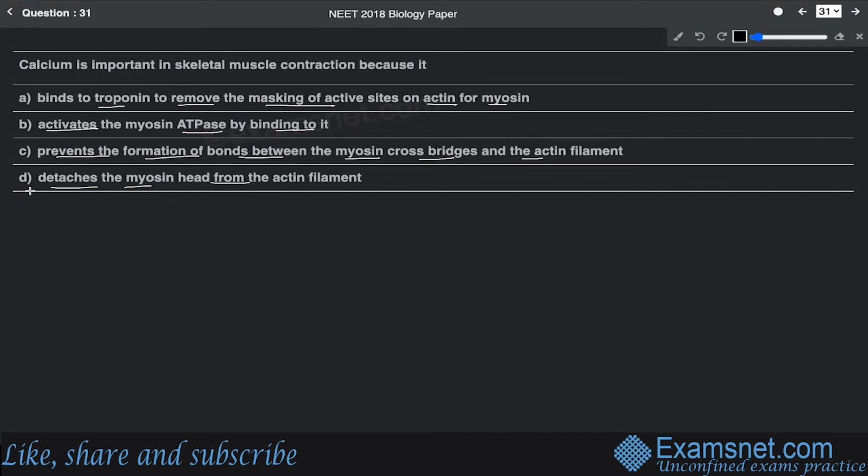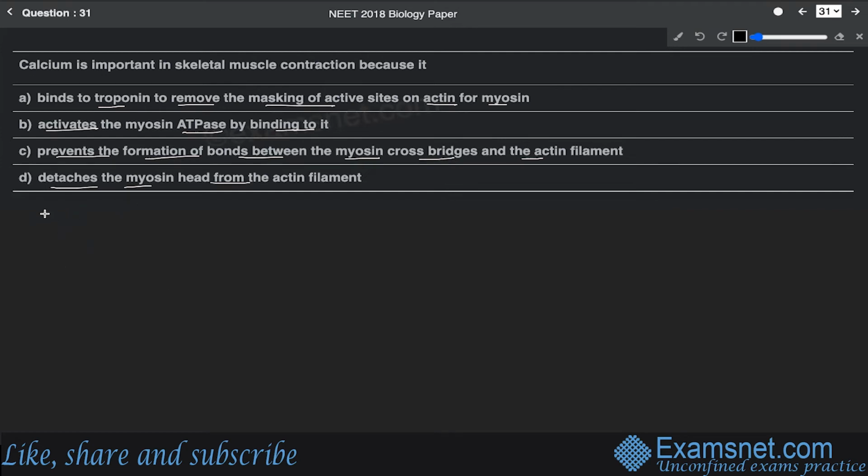Calcium ions play a very important role in skeletal muscle contraction, because in the process of muscular contraction, the level of calcium ions increases many folds in the sarcoplasm.